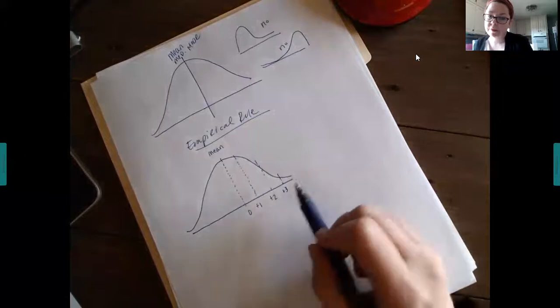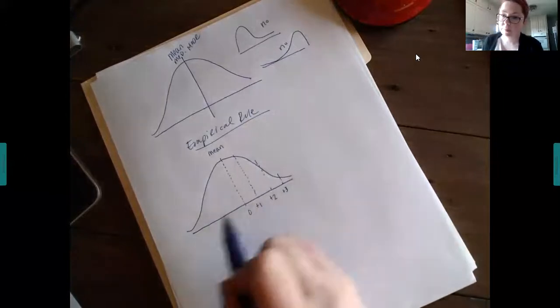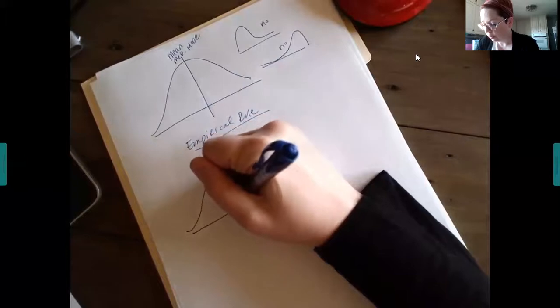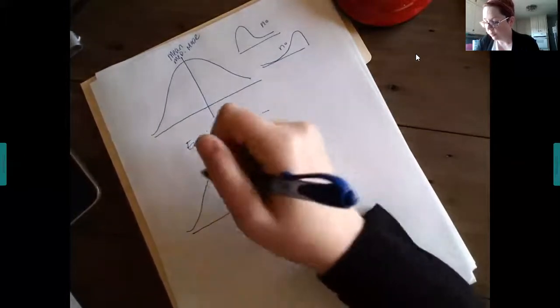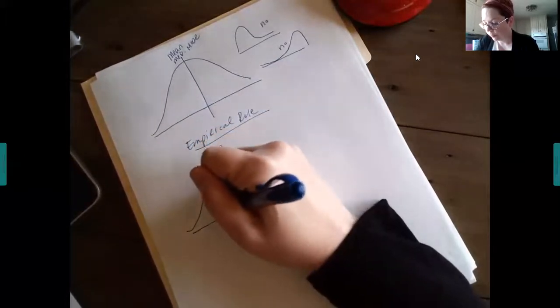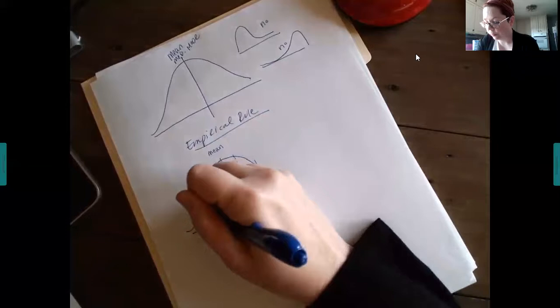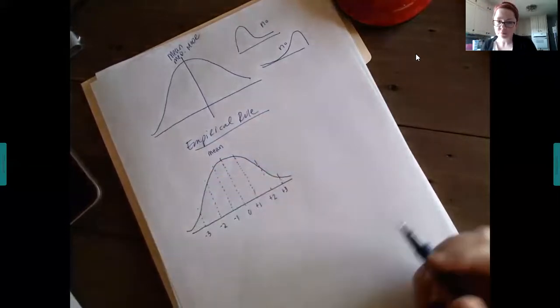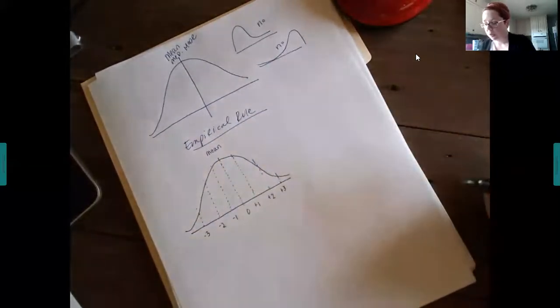So you can be above the mean, you can also be below the mean. So we have 1 standard deviation below, or 2, or a little bit more than 3, 3-ish down there, and 3-ish up here.